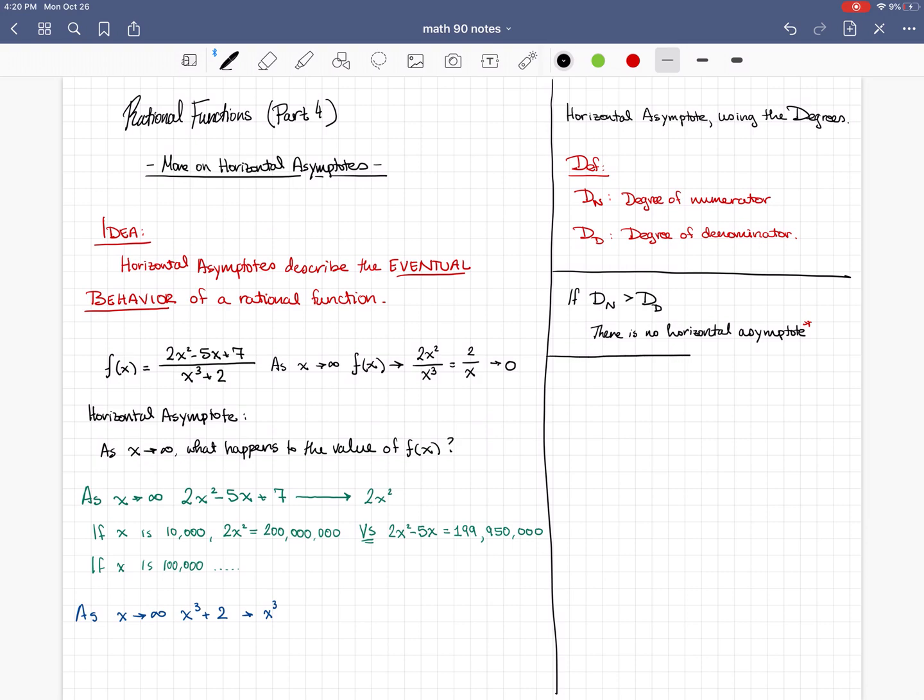If the degree of the numerator is smaller than the degree of the denominator, the horizontal asymptote is the x-axis, also known as the line y equals 0.